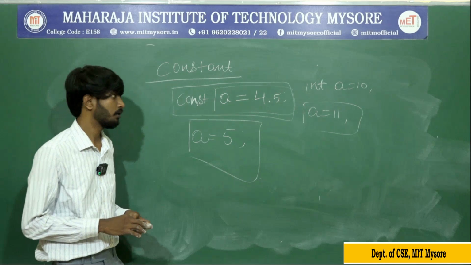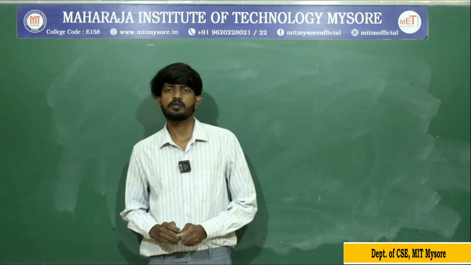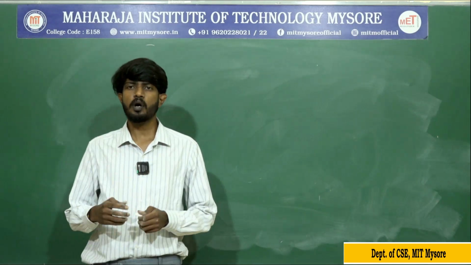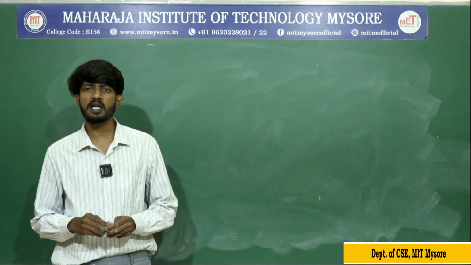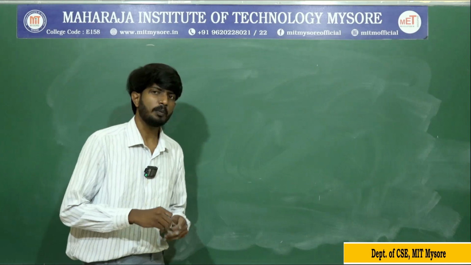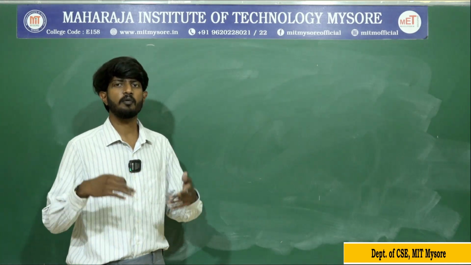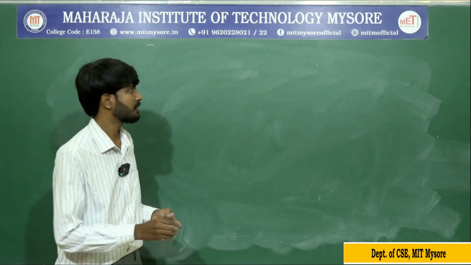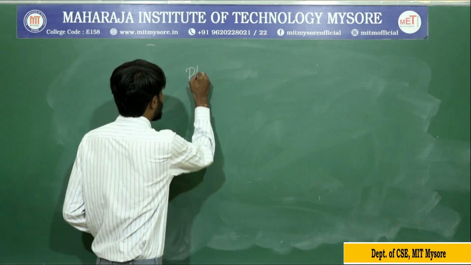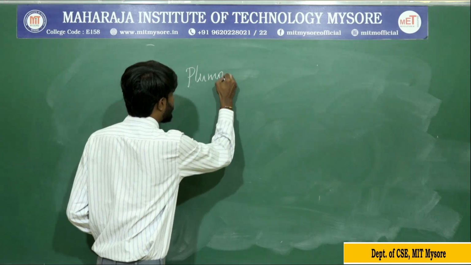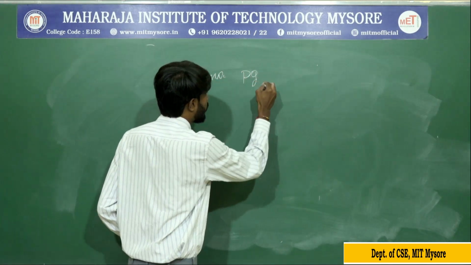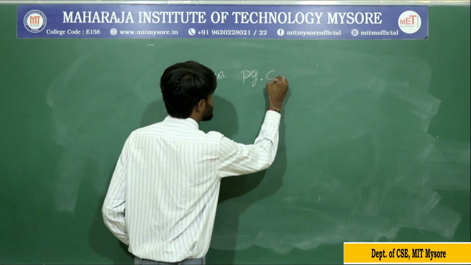Okay, so the next concept is how we compile and execute a C program. Suppose you are going to create one program, you need to give the command pluma program name dot c.